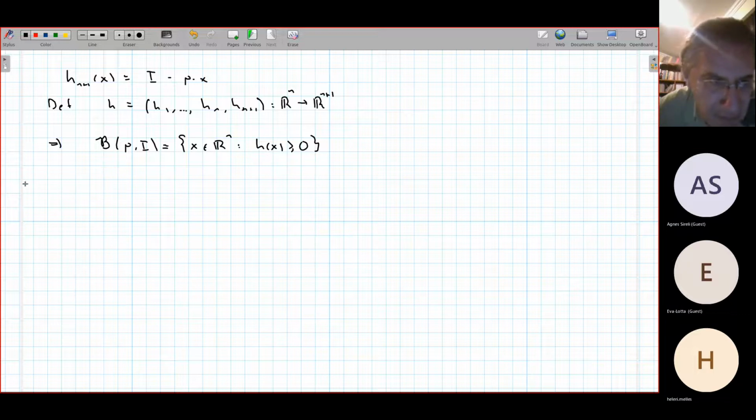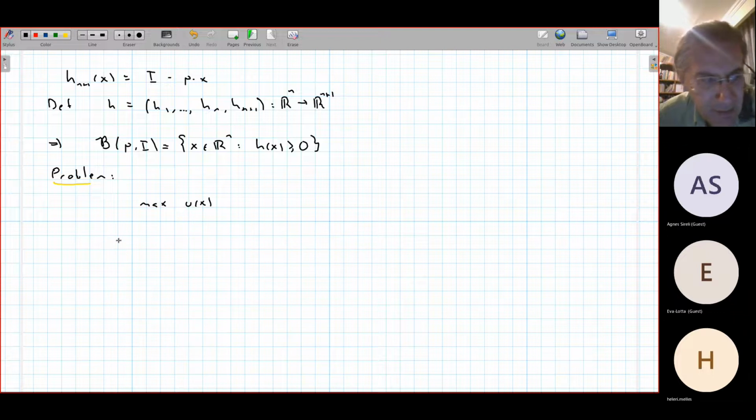And now you can rewrite the utility maximization problem, right? The problem is then to maximize some utility such that h of x is greater than or equal to 0 and x is in Rn.